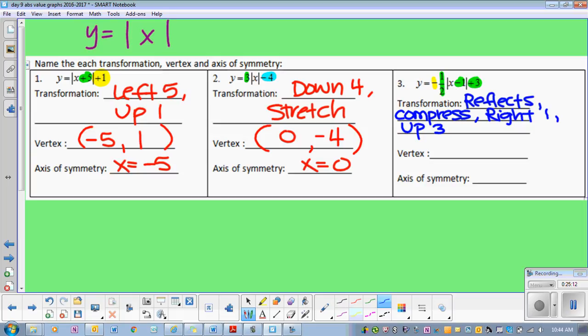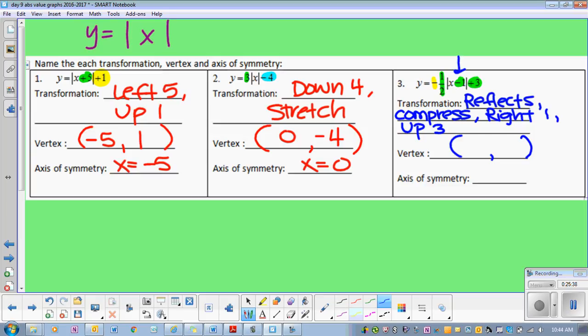Now, who wants to have a go at the vertex? Everyone, you want to hear what Ethan? It's always Ethan. Why? Okay, Ethan, tell me. 1 comma what? Do we agree? Is it 1 comma 3? Yeah. Okay. So if you're not sure, let's see. Ethan, tell me, where did you get the 1? Okay, so right in here.